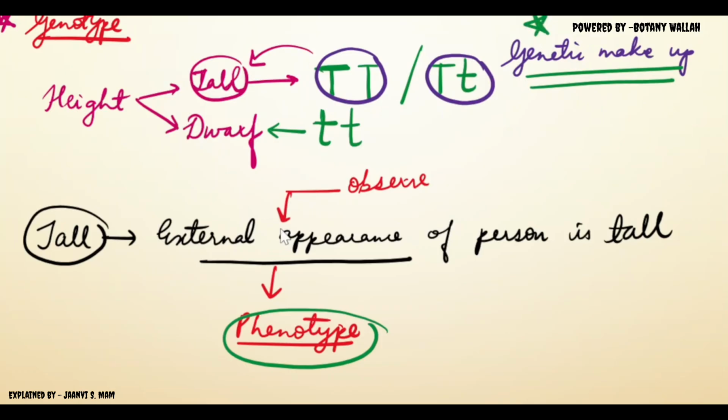The external appearance of a person, whether tall or dwarf, or of a flower, whether purple, white, pink or red, is the external, observable thing. But how the organism is at the gene level, what it is made up of, its constituents, is known as genotype. I hope these two terms, genotype and phenotype, are clear.